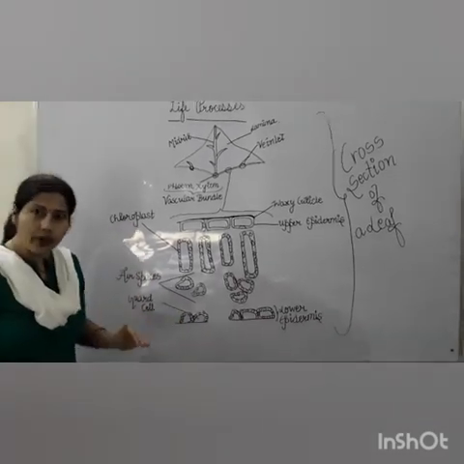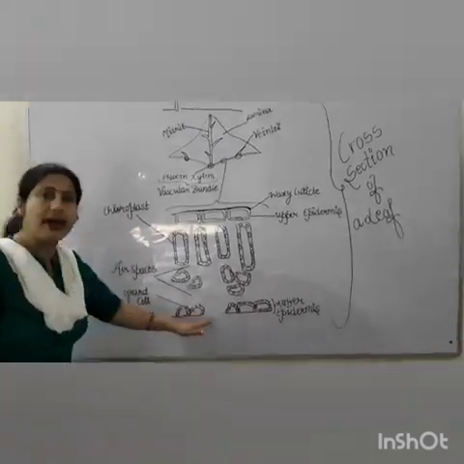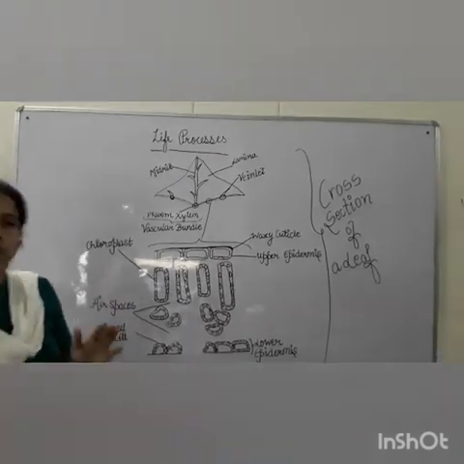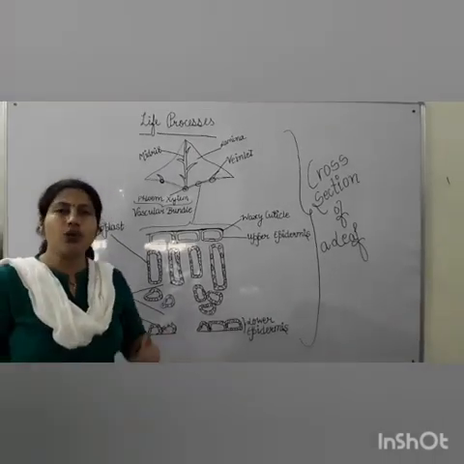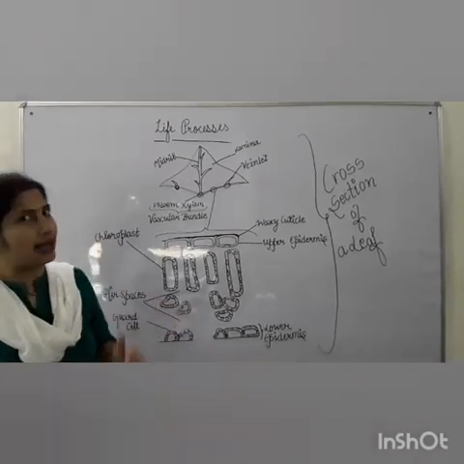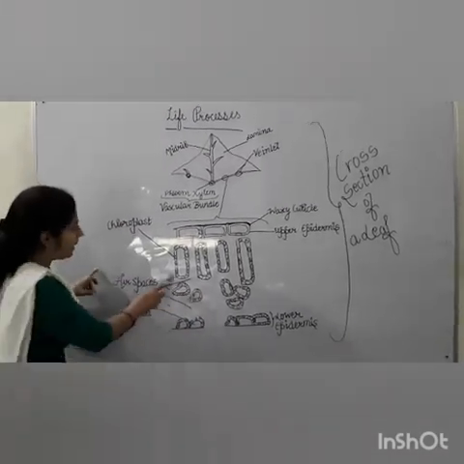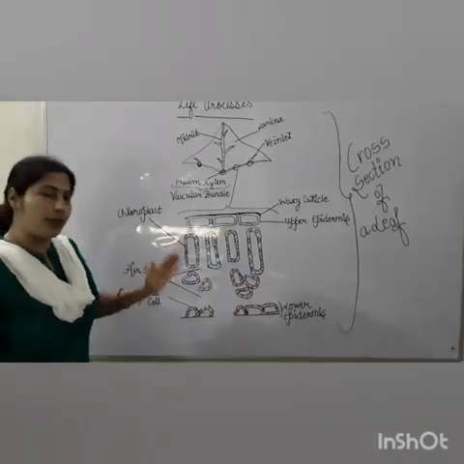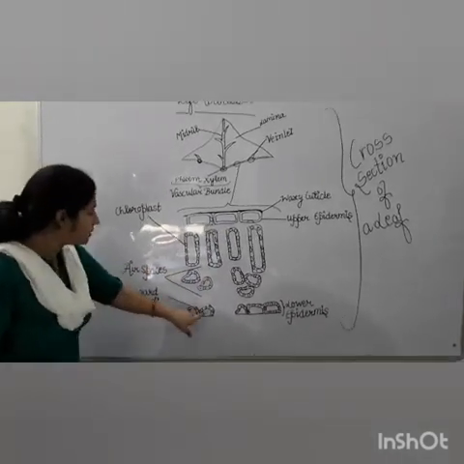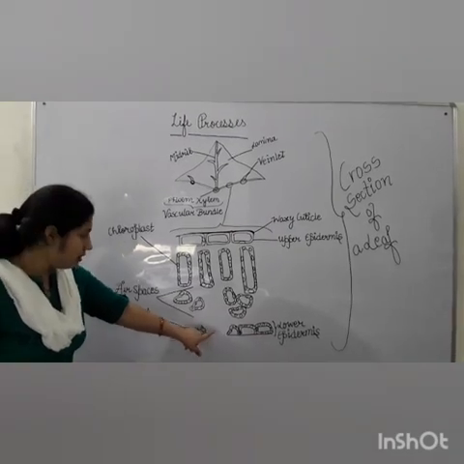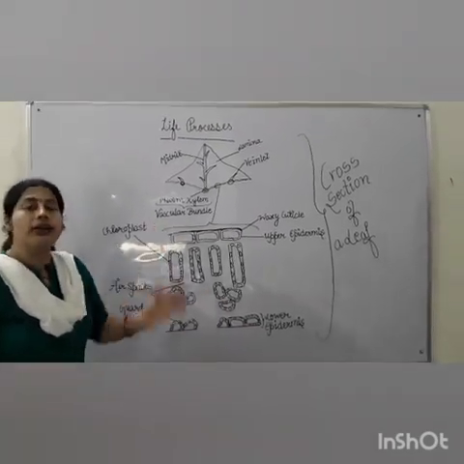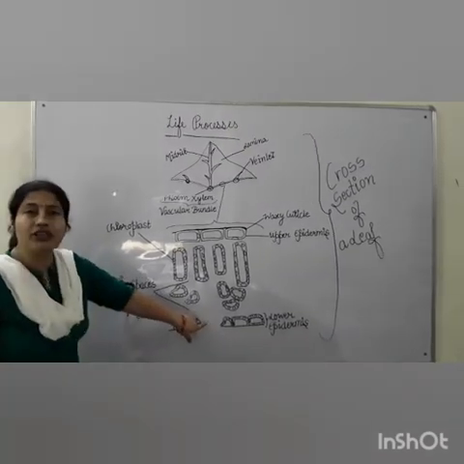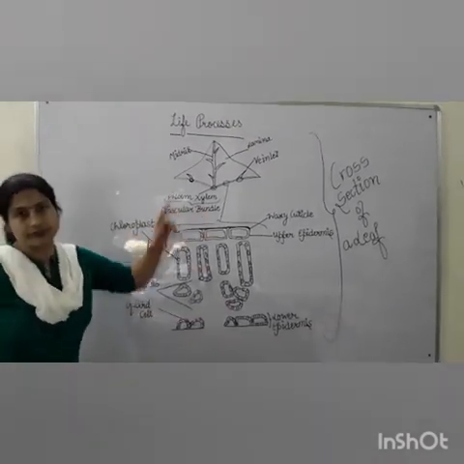And in the lower epidermis there are guard cells. Guard cells are found in stomata. Stomata are the tiny pores which allow gaseous exchange. And these air spaces help in gaseous exchange. Okay. So these guard cells are found in stomata, and stomata are mainly found in the lower epidermis of the leaf.